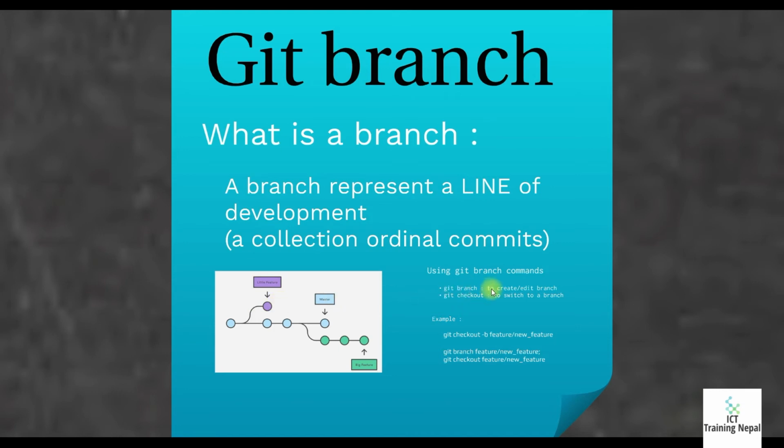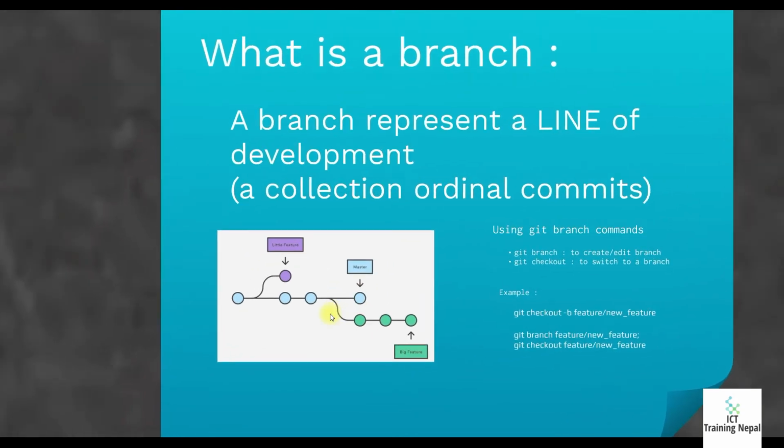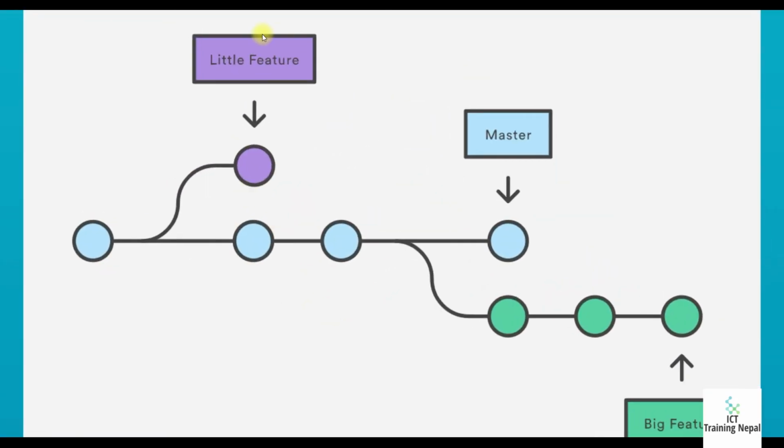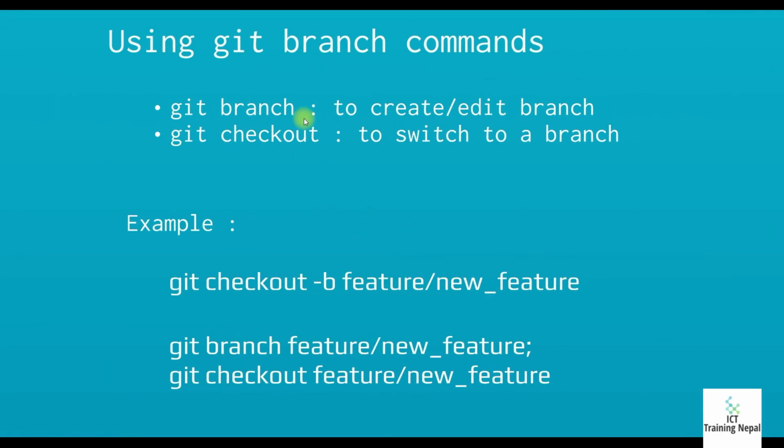And if you say git checkout master, it will go and be here in the master. Here this is the little feature branch and this is the master branch. If you say from here git checkout master, it will be here. If you say git checkout little feature, it will be here. So these things happen.